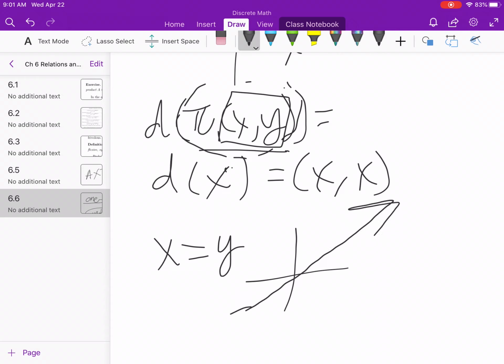So this is the domain. I'm only looking at this line. It's supposed to pass through 0, 0. But if I did this, I could make the mapping bijective. I just restrict the domain of R cross R to this specific subset that's just the line x equals y. So it'd be the set of all x, y such that x is equal to y, and it would just look like a line at a 45 degree angle.